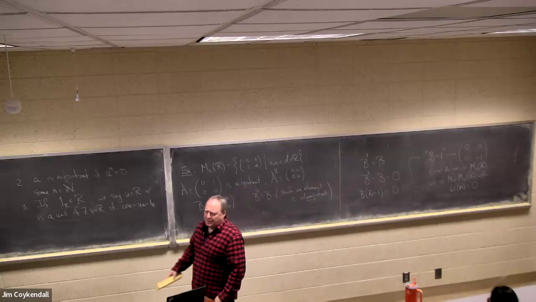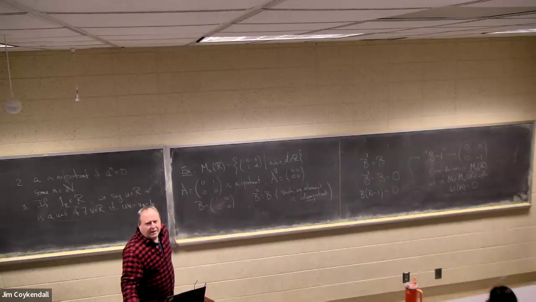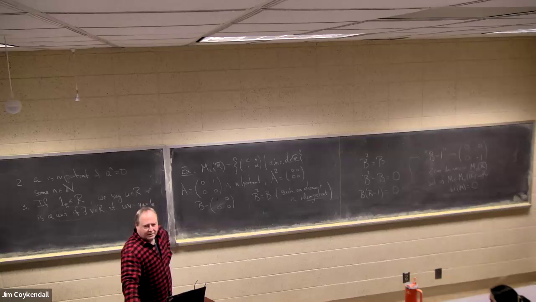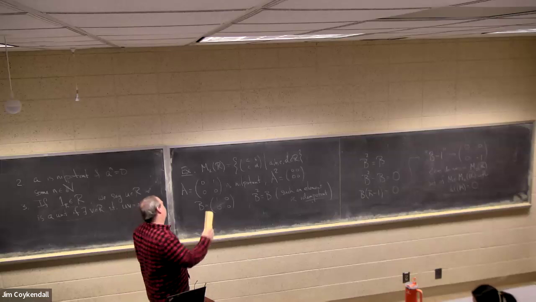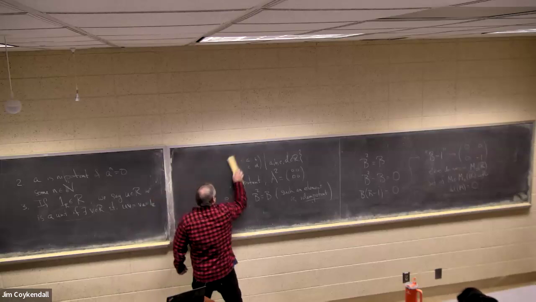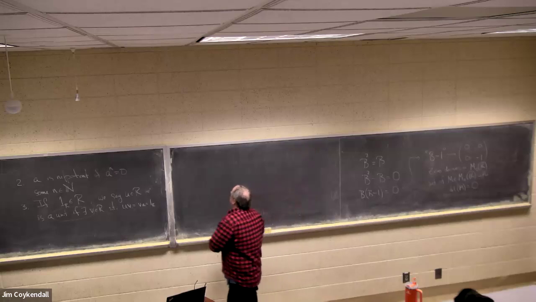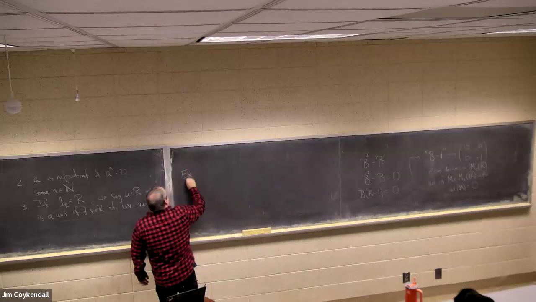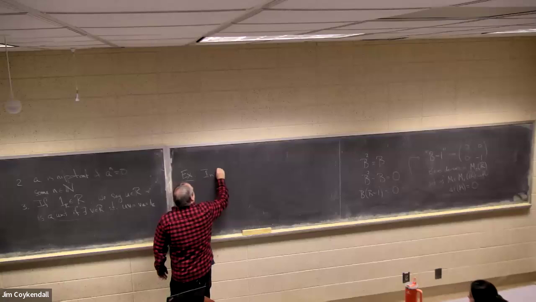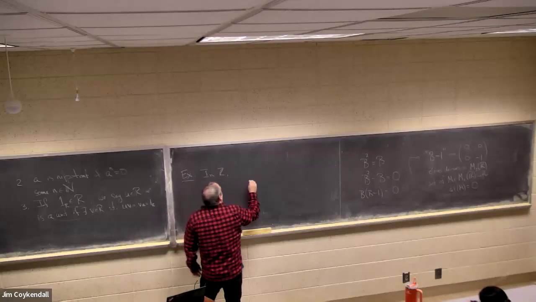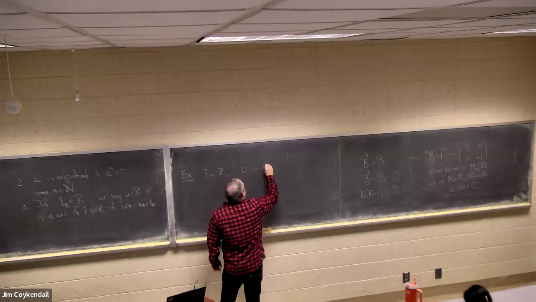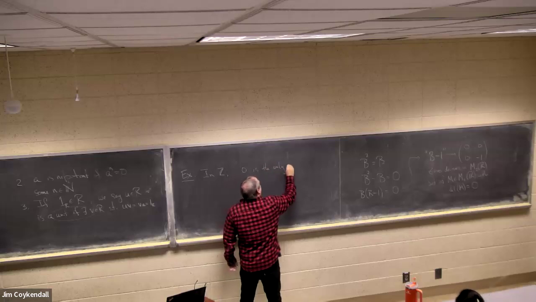Can anybody give an example of a ring that has an element that is neither a zero divisor nor a unit? Okay, but most of the integers. 0 is the only zero divisor.